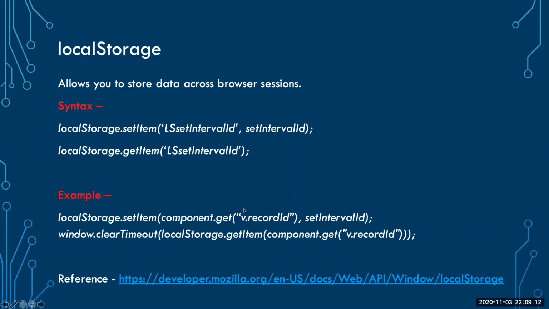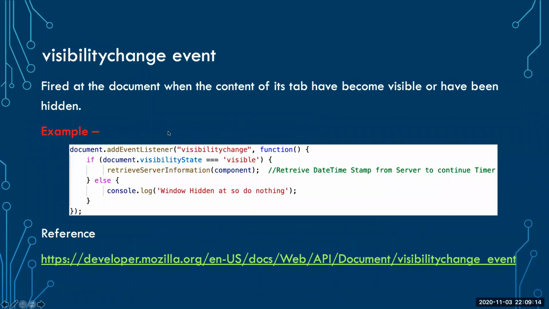And next is visibility change. This is again something I used in conjunction with the set interval for a couple of reasons. Set interval or set timeout has a disadvantage. I think that's how they have built the architecture.